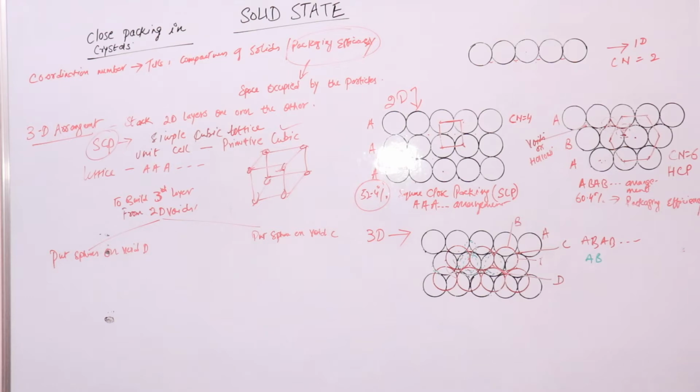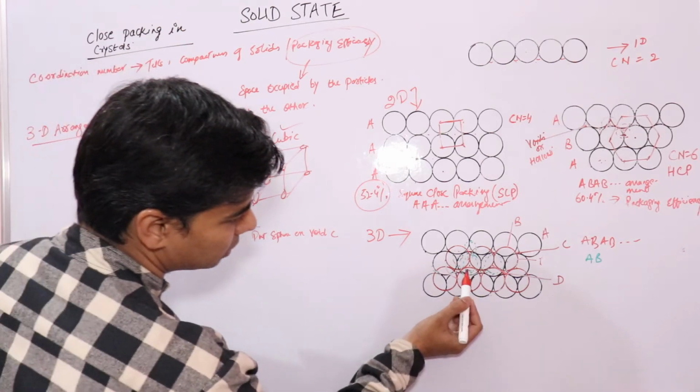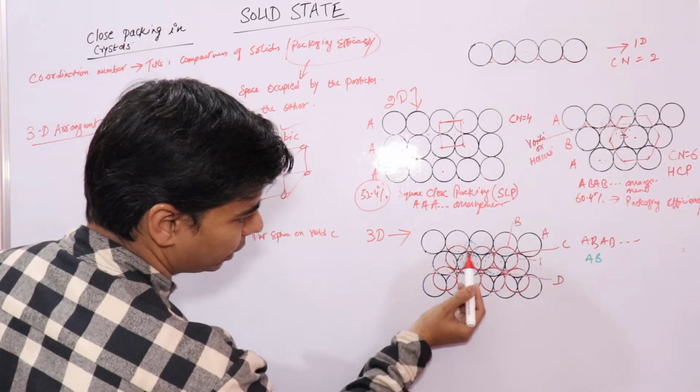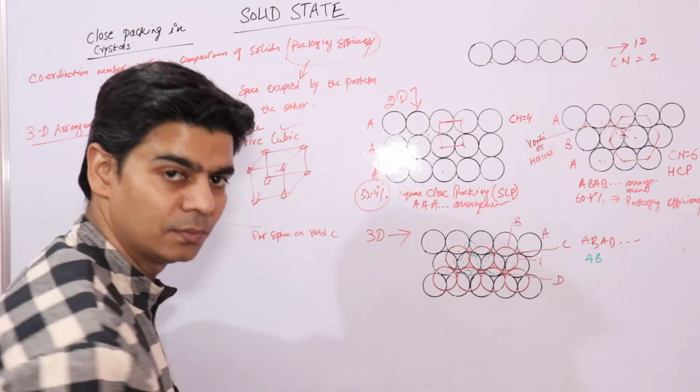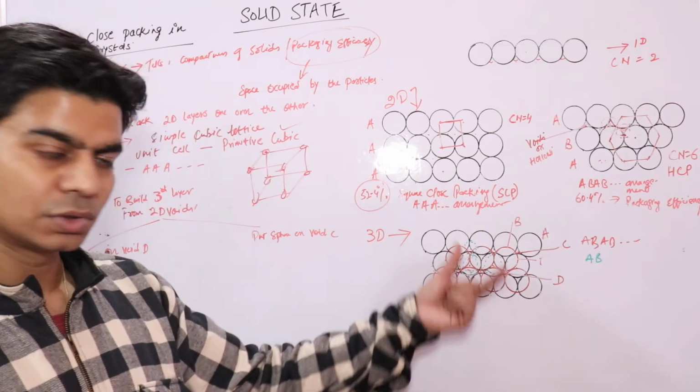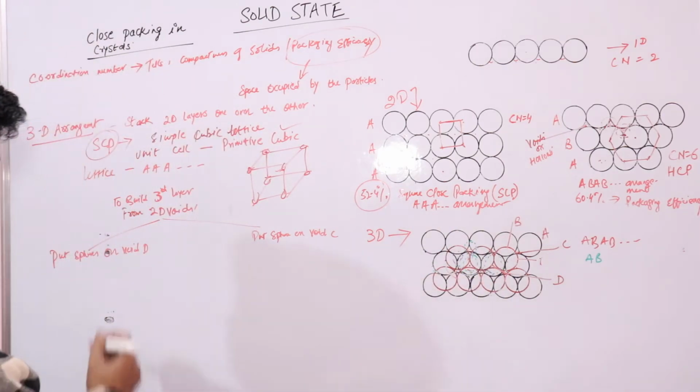So if I put the sphere onto these voids, the D voids, the third layer will coincide with the first layer.